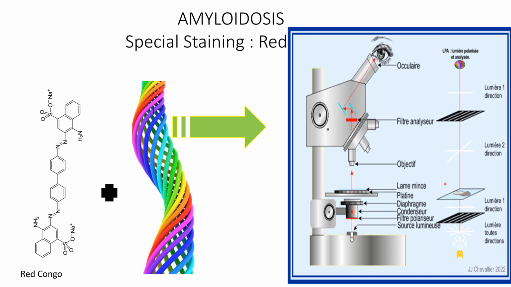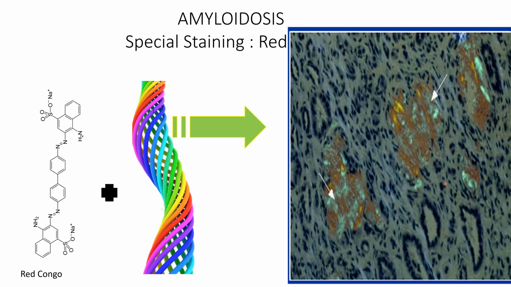Here we have the microscope of birefringence, and here we can see the coloring of amyloidosis, between green and yellow.